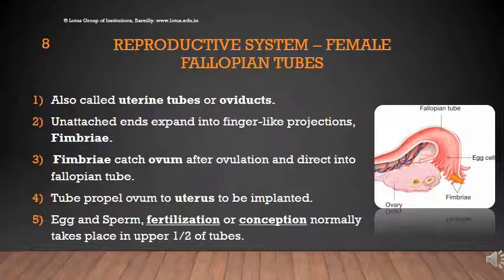What is the function of this tube? It is very important for the transport of this egg cell, and fertilization takes place in this fallopian tube. Egg and sperm fertilization, or conception, normally takes place in the upper one-third or two-thirds of the tube.